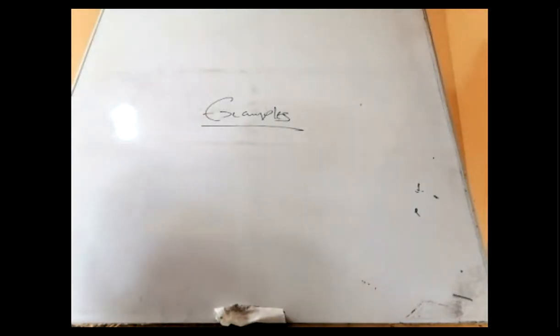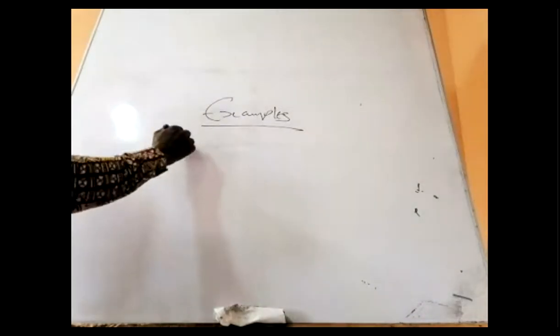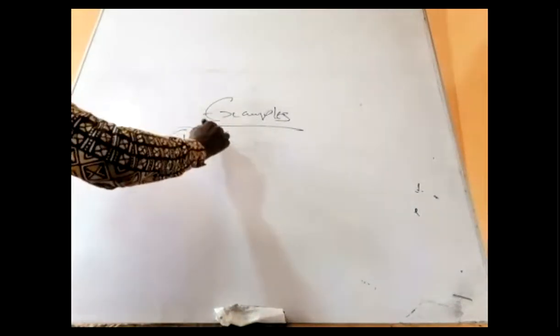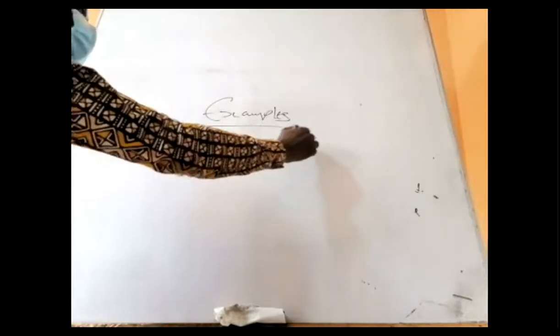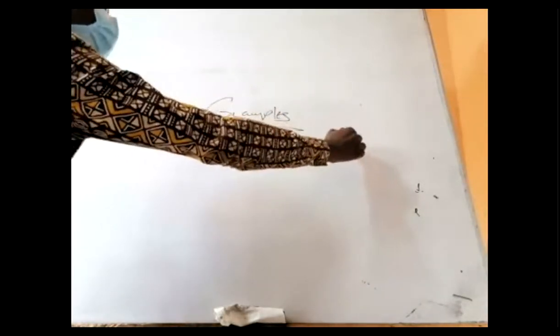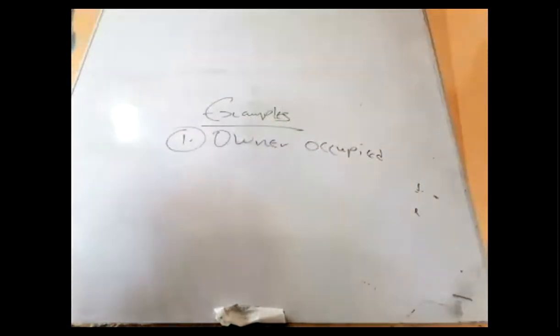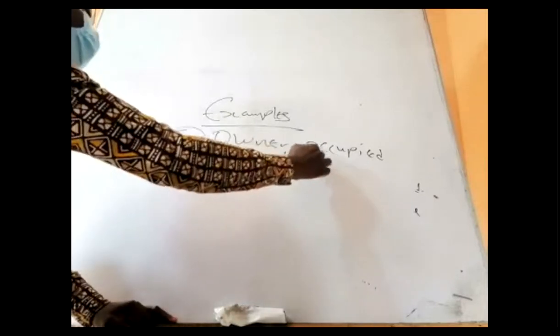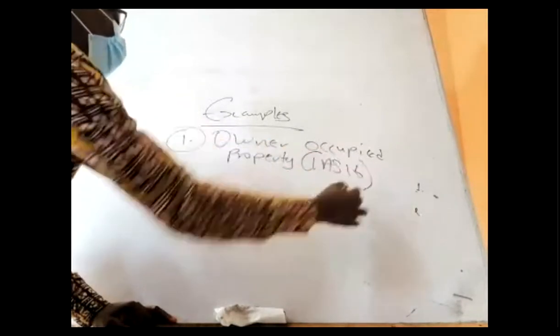Number two, property held for sale in the ordinary course of business, IAS 2. Let me write them. Number one, owner-occupied property. This one is covered in IAS 16, the one that we looked at.